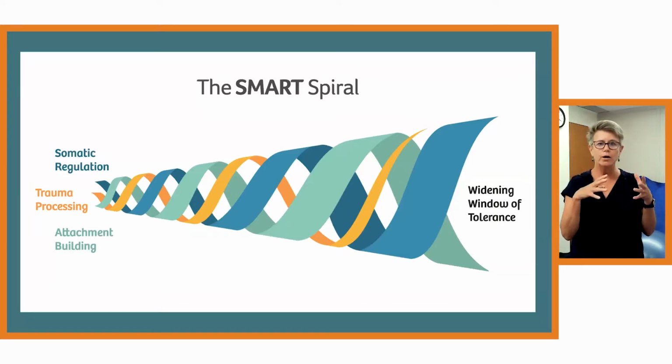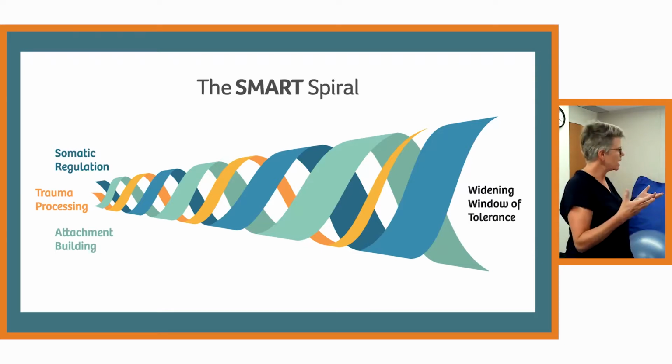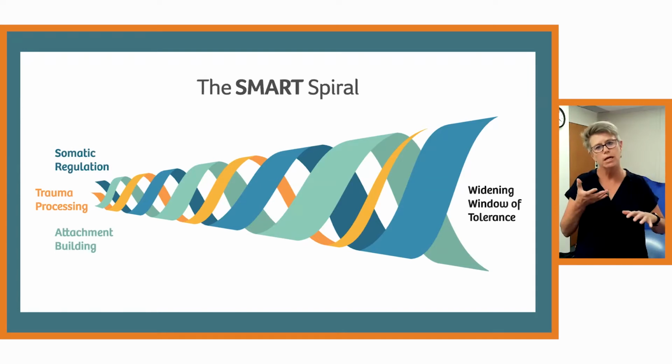Tactile is what we take in through our skin, and touch as it applies to the SMART model. We think about somatic regulation, the home base of SMART that you can see here in the dark blue. We want to use and explore how tactile input can help regulate arousal in the nervous system. We're also aware that sometimes touch input can trigger traumatic material to stir up for kids and adults.